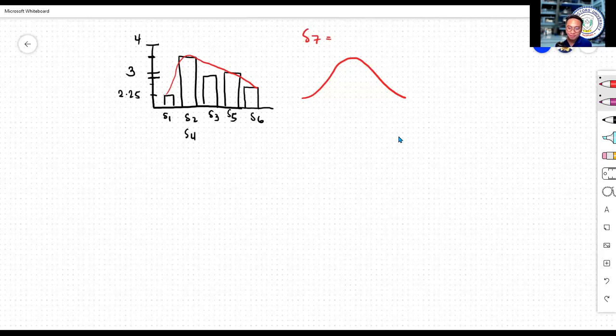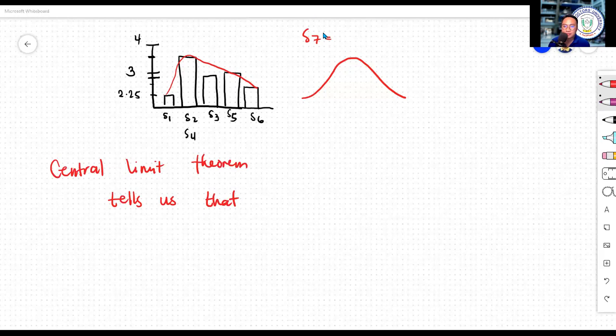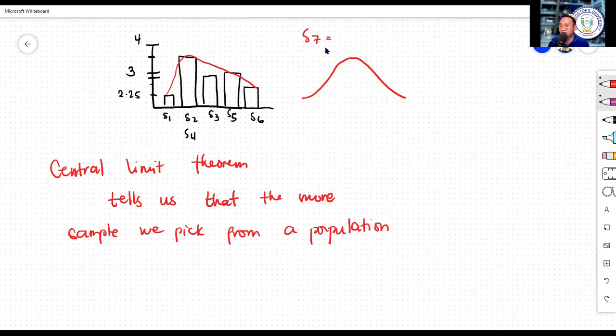Stating the central limit theorem, guys, CLT, central limit theorem tells us that the more samples we pick from a population, and this population may be skewed, or it may be normally distributed, either way.